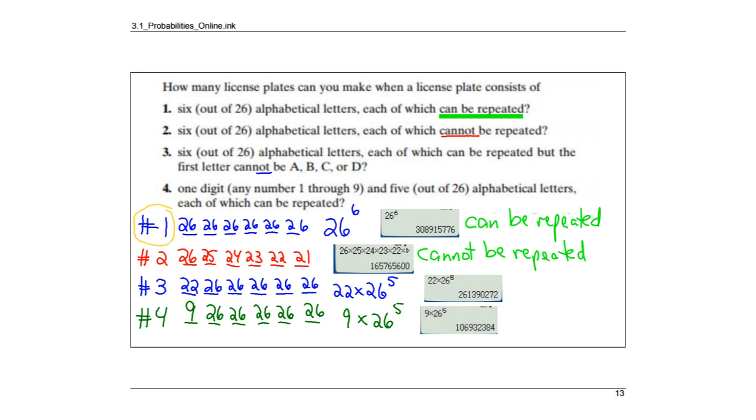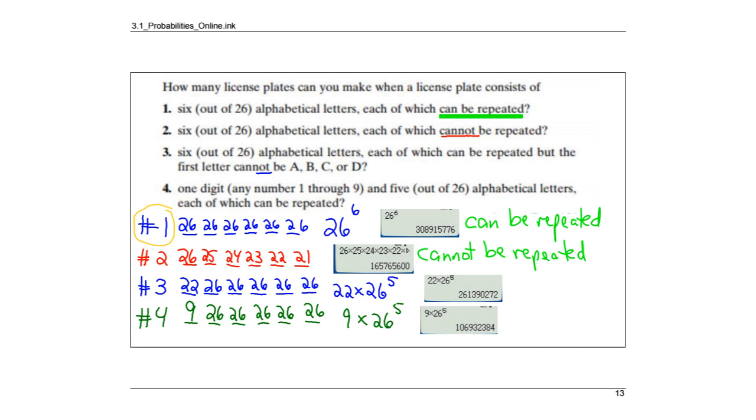This is number one. You have 26 choices all 6 times because we're allowed to repeat. So 26 to the 6th power is huge. It's almost 309 million different ways you could do that. I know that's hard to believe, but it is true.